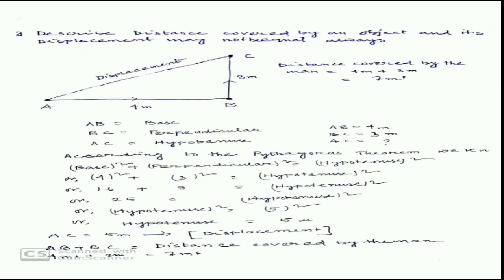That means AC is equal to 5 meter, and it is the displacement here. Okay. So distance covered by an object and its displacement may not be equal always. We can say it. So hope it is clear to all.